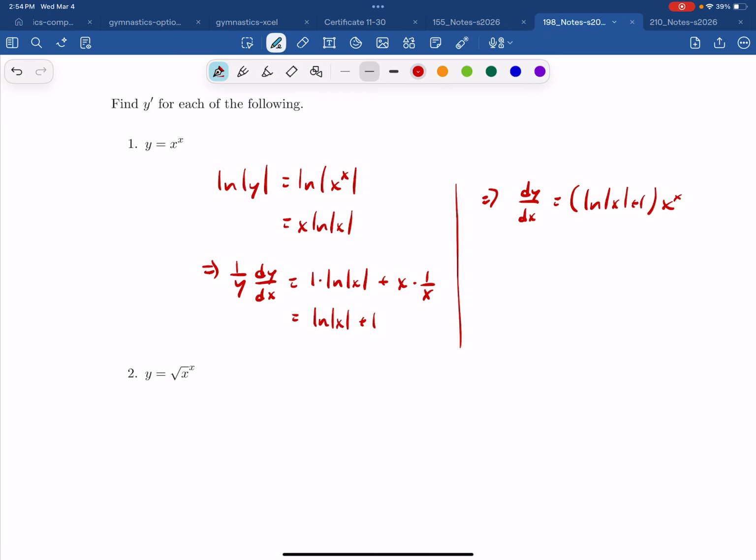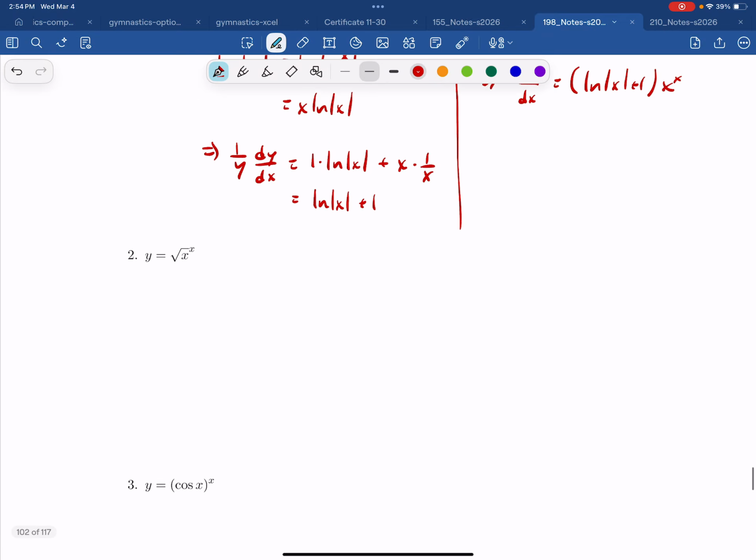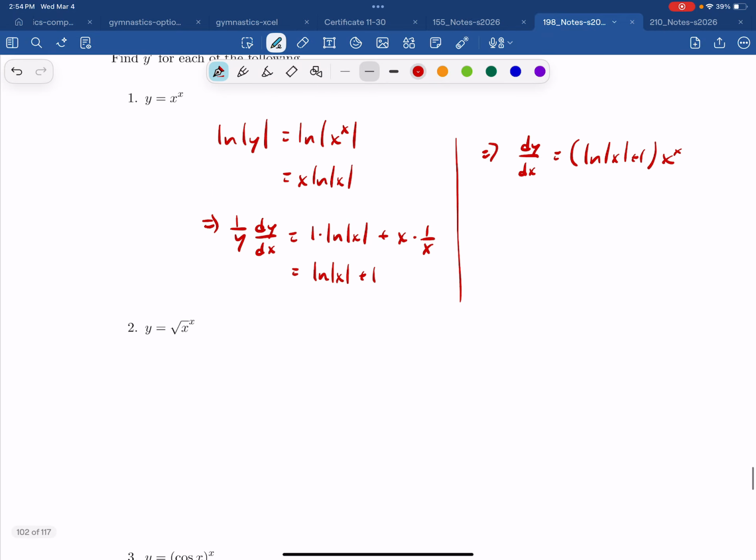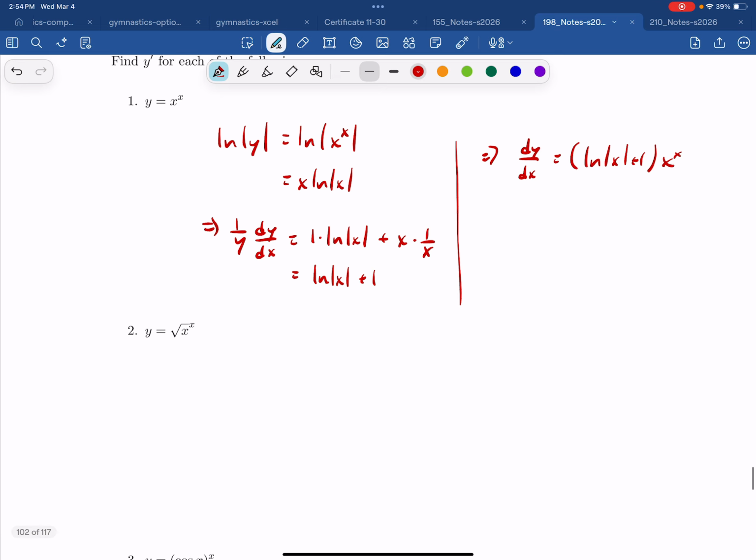All right. Now, for number 2, you might be wondering, is the power of x inside or outside the square root? Turns out it doesn't matter, because multiplication and exponentiation are commutative. So anyway, we'll just assume it's inside. Probably looks a little bit nicer.